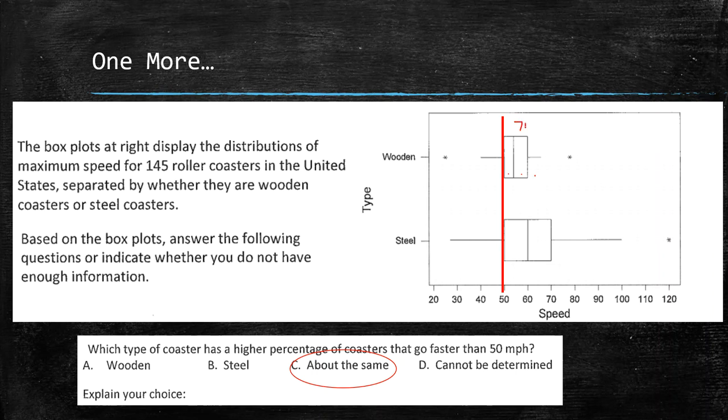This is 75%. 75% of all wooden roller coasters go faster than 50 miles per hour. For the steel ones, we have 1 chunk, 2 chunk, 3 chunks. That's also about 75% of steel roller coasters go faster than 50 miles per hour. So the answer here is about the same. They both have about the same percentage of 50 mile per hour or faster roller coasters.